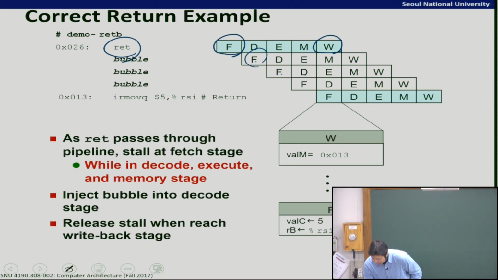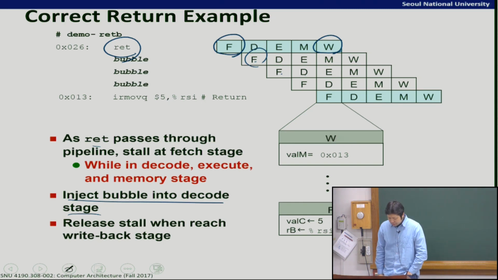So generally, as the return instruction passes through the pipeline stages, we stall at the fetch stage. The return instruction moves through the pipeline, but the next instructions basically become NOPs. Okay, it's basically nothing. And then we inject a bubble into the decode stage, and we release the stall when that instruction reaches the write back stage. That's how we handle the return instruction.